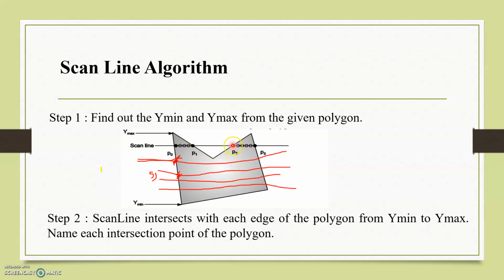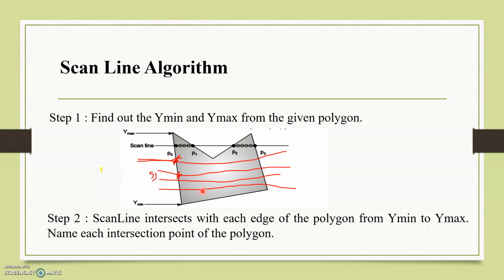After that, P2 and P3 are the intersection points. You make the pair P2 and P3, and then fill the coordinates between P0 and P1 and between P2 and P3. In this way you can fill your particular polygon. That was the explanation of the scanline algorithm.